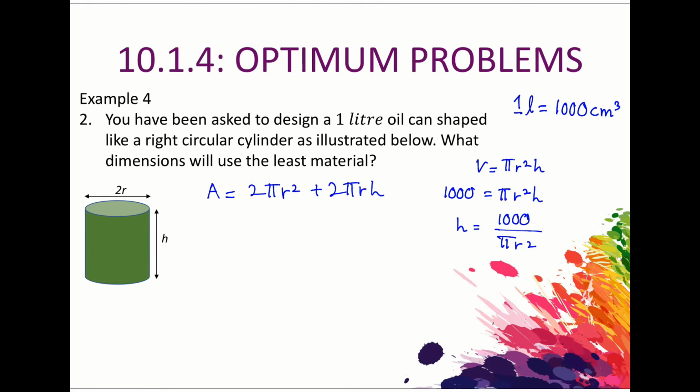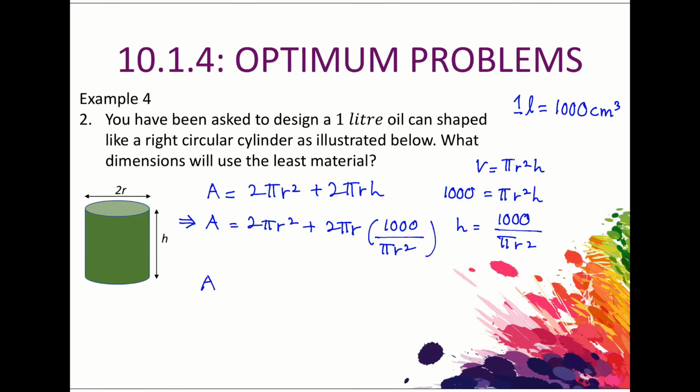So by substituting h equal 1000 over pi r squared into A, we get A equals 2 pi r squared plus 2 pi r times 1000 over pi r squared.